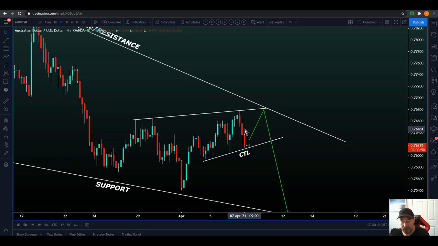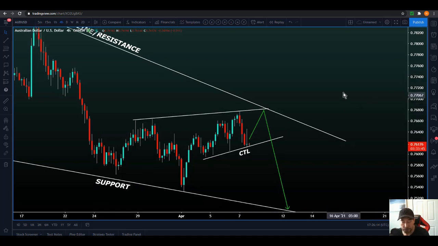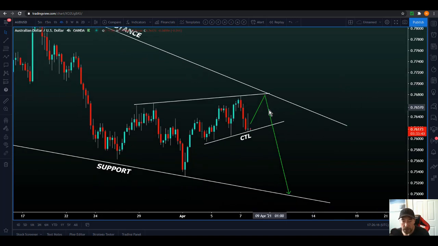We can take that and place a sell stop underneath it, is one way of doing it. If we get that momentum to the downside, we can bank some profit from the trade as we approach this CTL, just in case it bounces. We can put it to break even, and then look for the breakout, and then we can potentially look for a second trade.